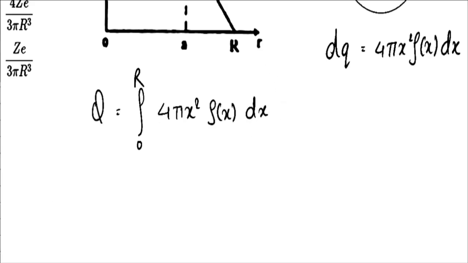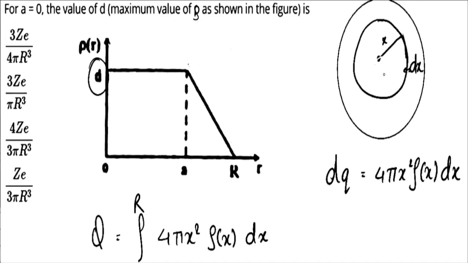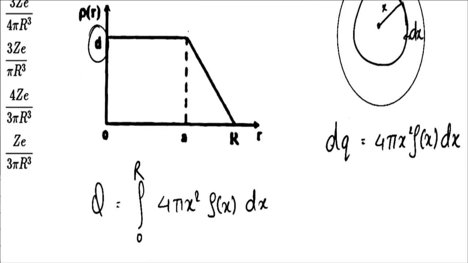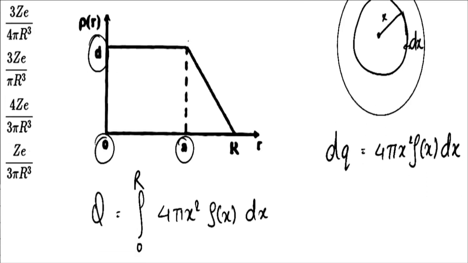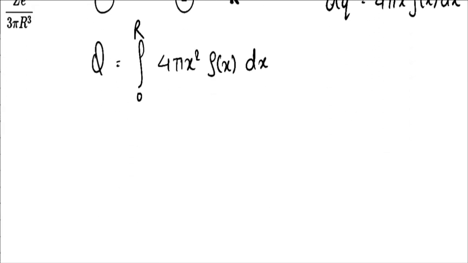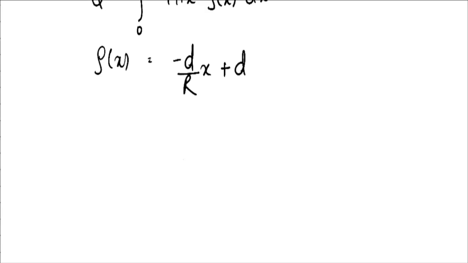Now, the density distribution here is linear, right, as given in the figure for a equals to 0. Then the density would linearly decrease from D at r equals to 0 to r equal to R. The mathematical equation would be given by rho of x equals minus D by R into x plus D, right?